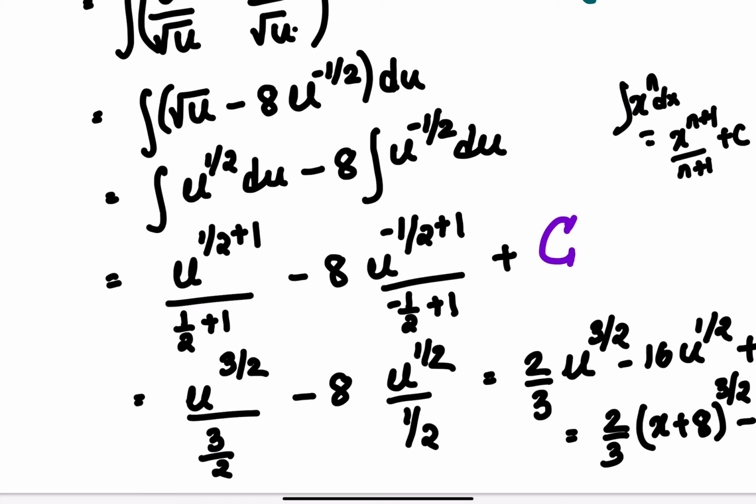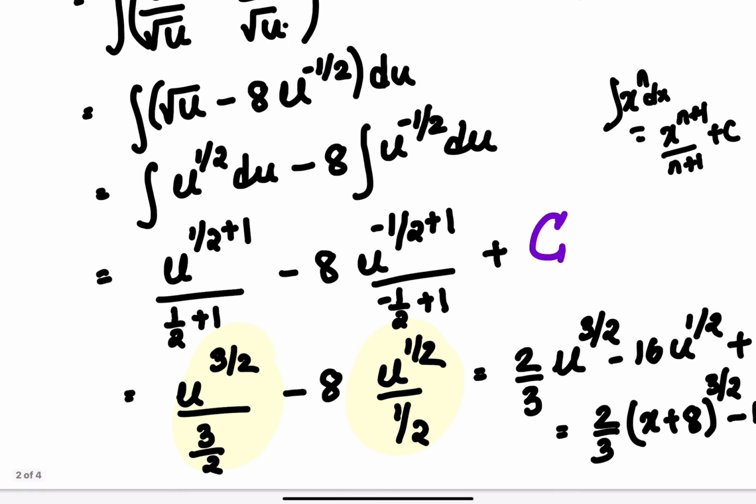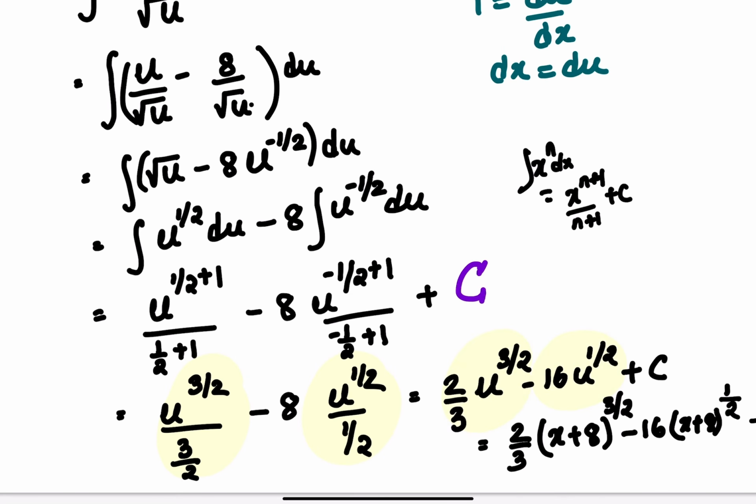You're going to use that formula, and you will go ahead and find each of these, simplify, and then change your u's back to your x's.